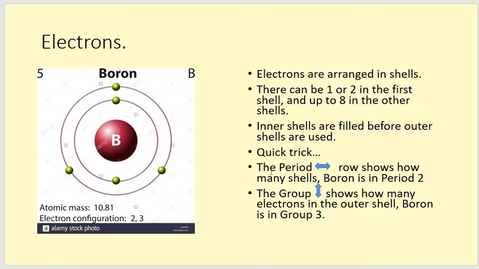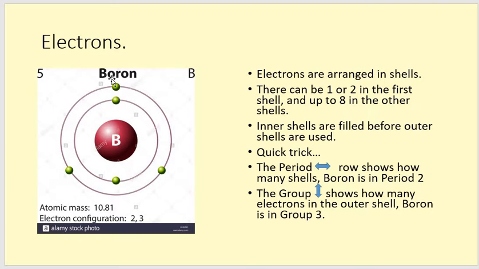When you look at your periodic table, the period, the bit going across, shows how many shells. Boron is in period 2, the second row, so it's got 1, 2 shells. The group, which is up and down on your periodic table, shows how many electrons are in the outer shell. Boron is in group 3, so it has 1, 2, 3 electrons in the outer shell.